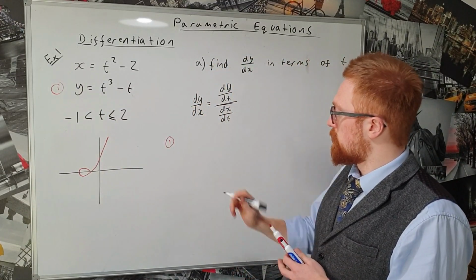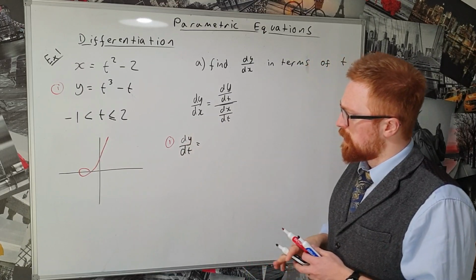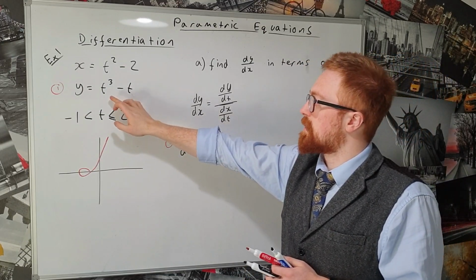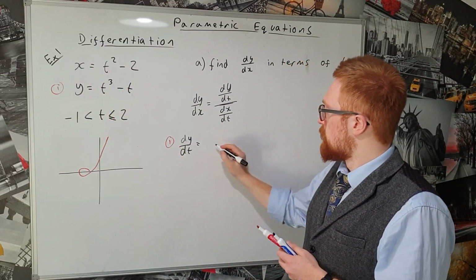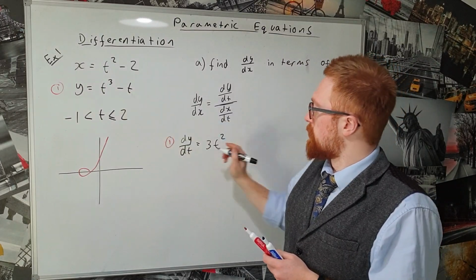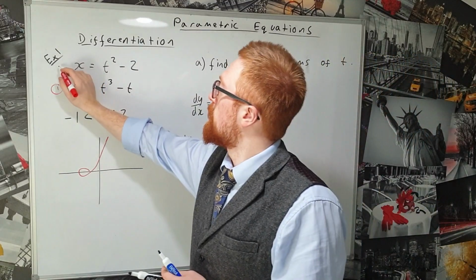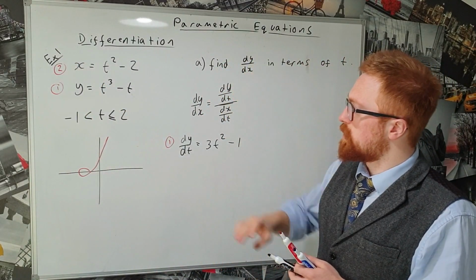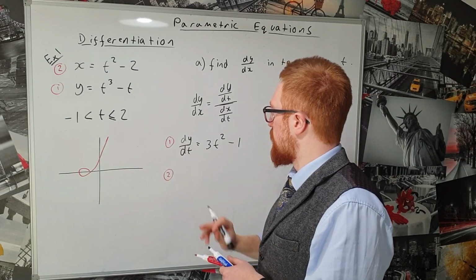So from equation 1 we have dy/dt is equal to, well, this one's quite easy to differentiate, it's just a polynomial. So bring the 3 to the front, so we get 3t squared, and then minus, well, the t just turns into a 1. Similarly, looking at equation 2, we're going to find dx/dt.